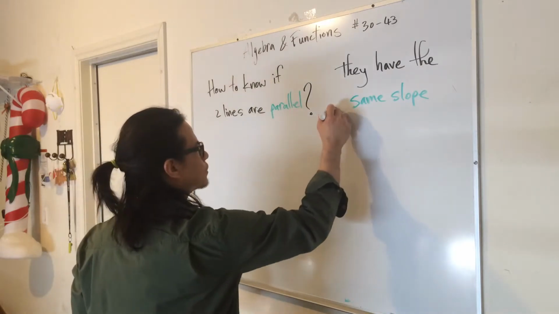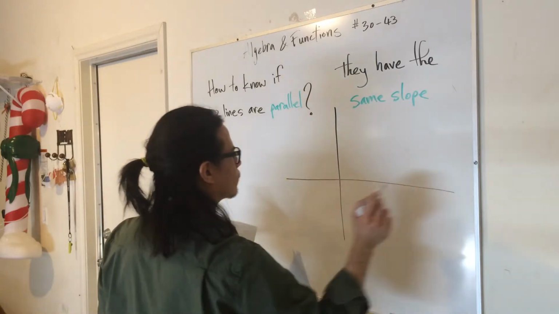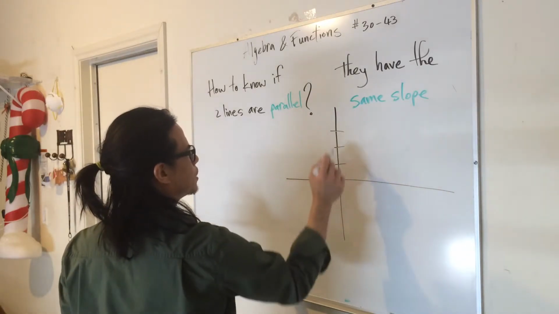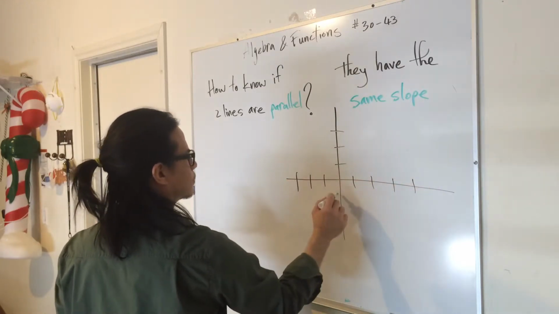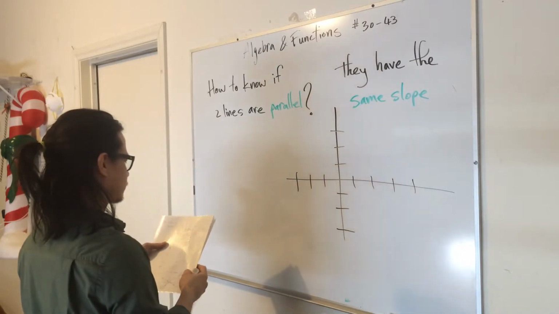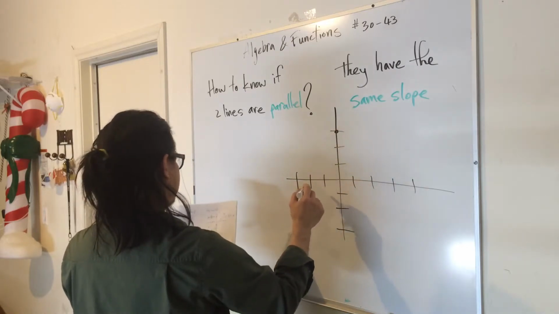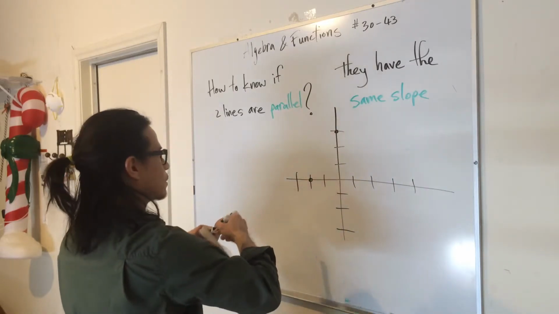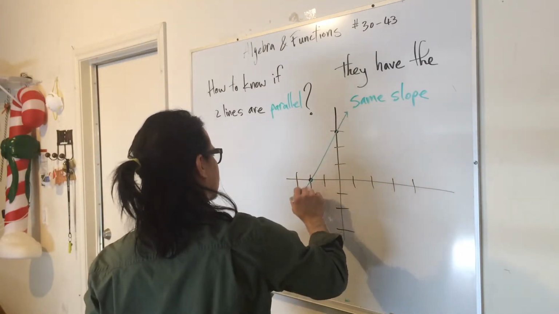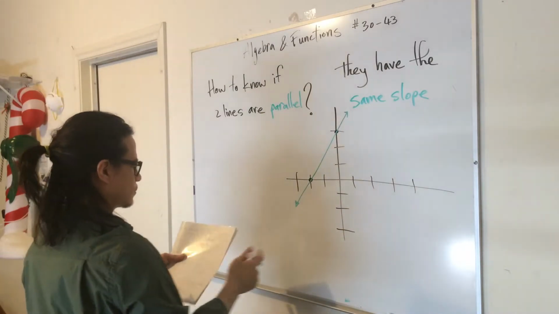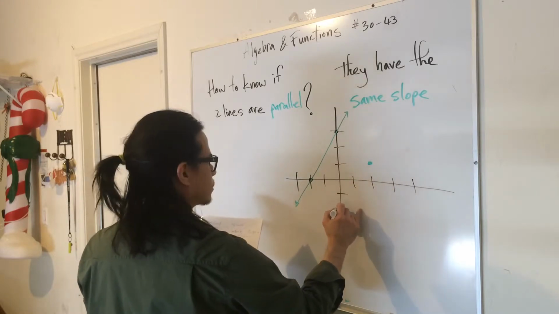The best way to prove it is just to draw it out. 1, 2, 3. So just going to make a point here and a point here. Let's say this is my first line. Let's say there's another point here and a point here.